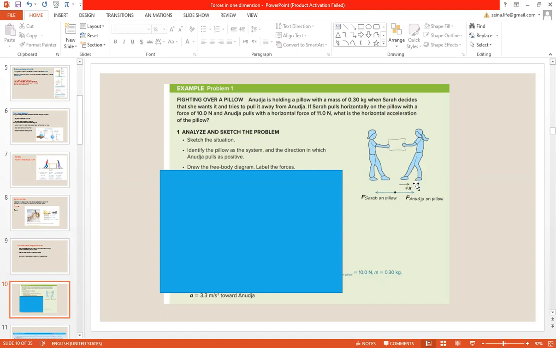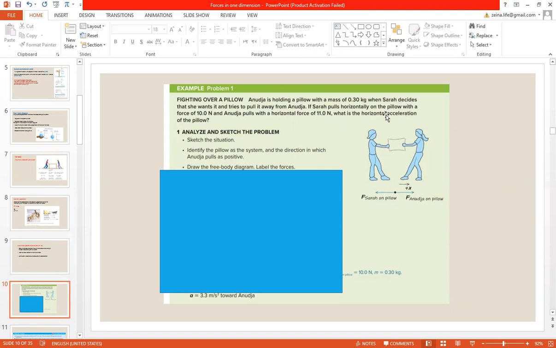Anuja is pulling the pillow to the right, and Sarah is pulling it to the left. Our system is the pillow. What do you mean by system? It's the object that the forces are being exerted on.